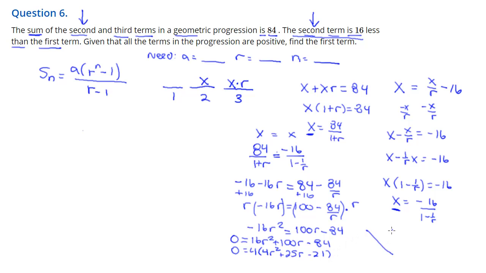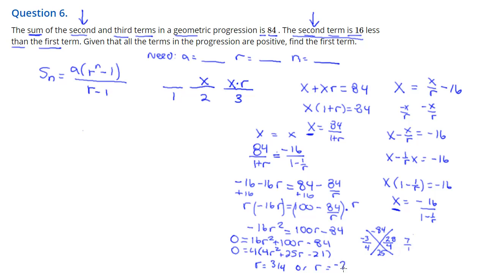And if you factor this out, you're going to get negative 84 and 25. I need to find two numbers that multiply to negative 84 and subtract to get 25. Well, with a little guessing and checking, you'll find out that it's 3 and 28. They have to be pretty far apart because there are 25 between them. And so then that means R has got to equal 3/4, or R has got to equal negative 7.